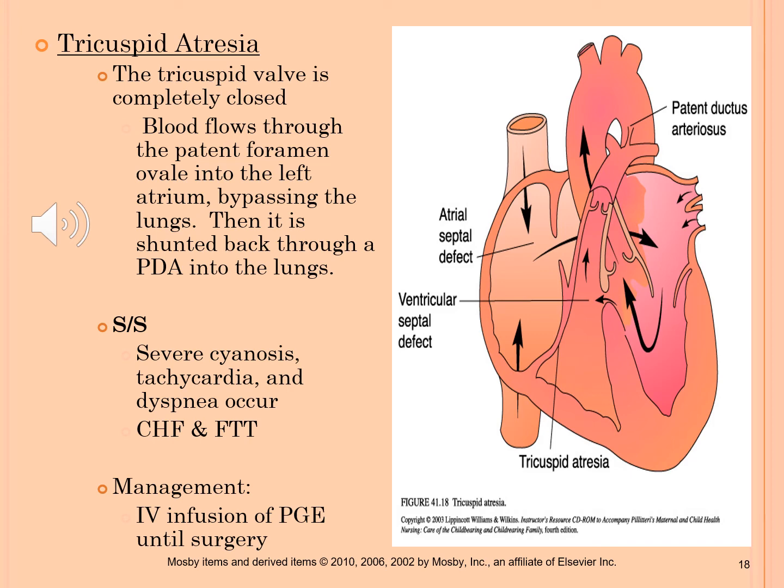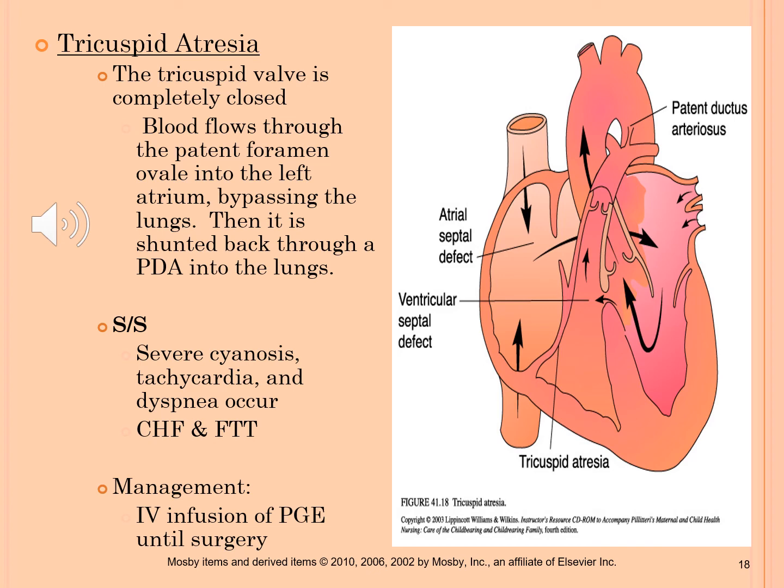Assessment wise, they're going to have severe cyanosis, tachycardia, and dyspnea shortly after birth because guess what's going to try and happen? The ductus arteriosus is trying to close like it's supposed to. And if it closes, we've got problems. It never reaches the lungs. So as that PDA closes, we're going to see severe cyanosis, tachycardia, and dyspnea because we have decreased pulmonary blood flow, never getting reoxygenated.